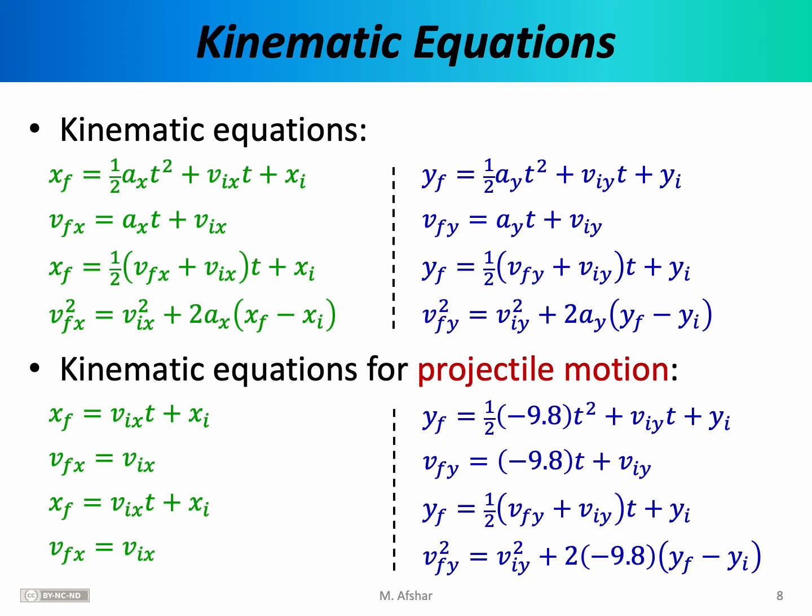Remember that for the case of projectile motion, acceleration in the x direction is 0, and acceleration in the y direction is minus 9.8. So for every instance of a sub x, here and here and here, we substitute 0. And for every instance of a sub y, here and here and here, we substitute minus 9.8.